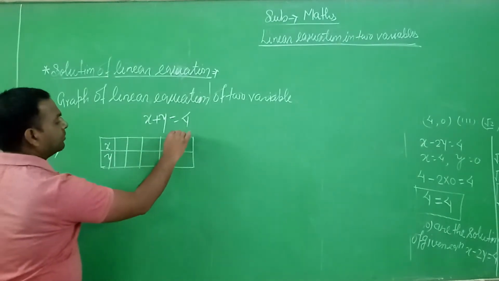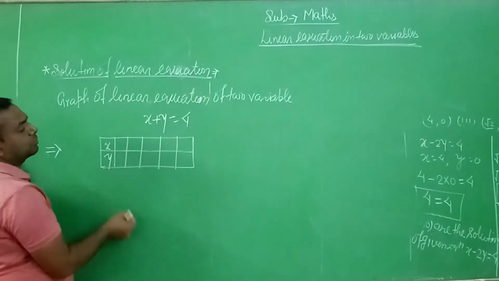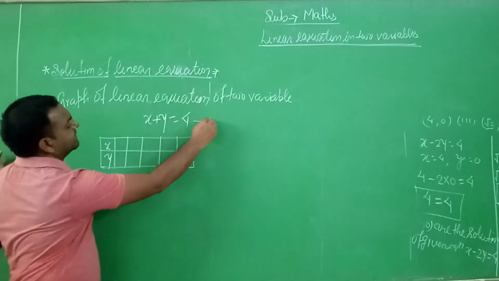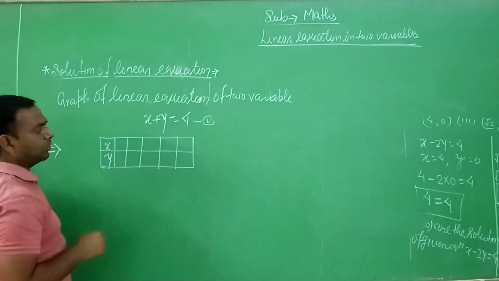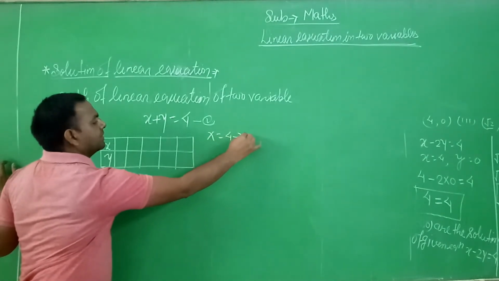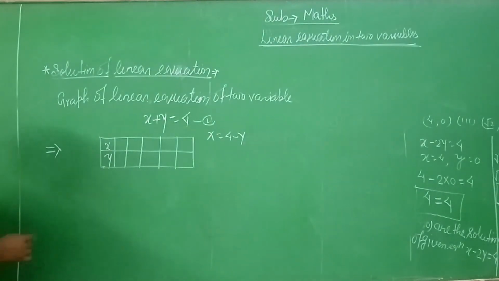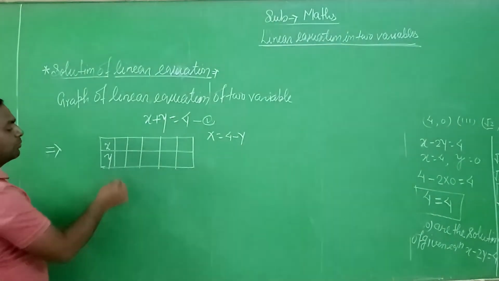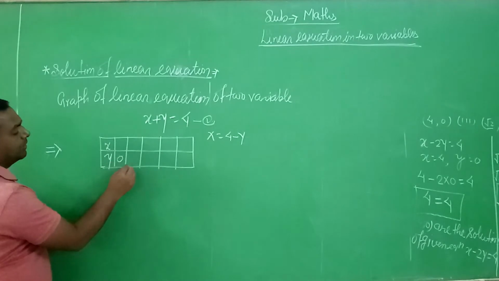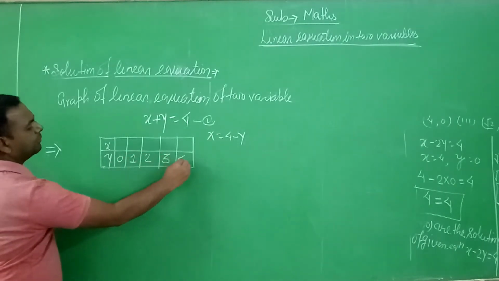You take a minimum of 3 values for solving any equation. So x is equal to 4 minus y. You put in values of y and find the value of x. For the values of y, I put 0, after that 1, 2, 3 and 4.